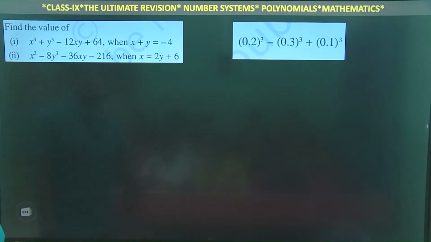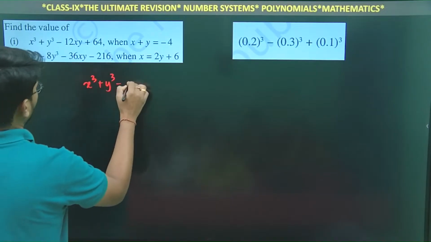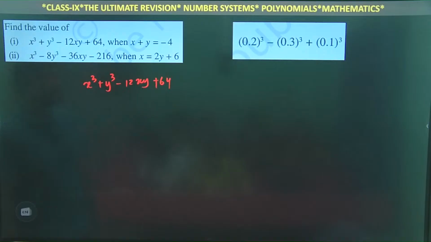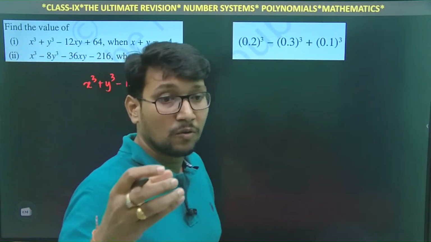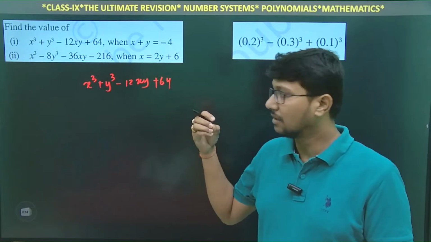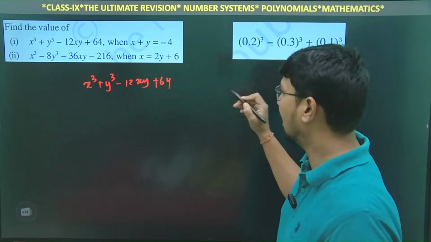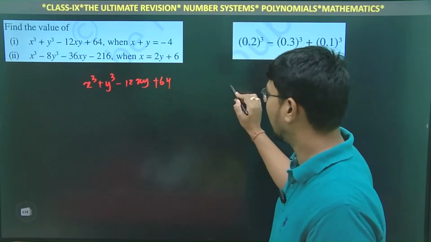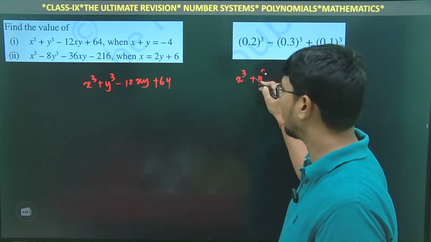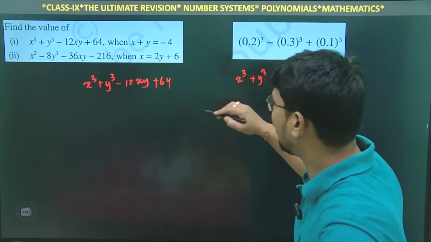So x cube plus y cube minus 12xy plus 64. Who can say which identity this is coming from? Now check whether it is correct. x cube plus y cube are perfect cubes. Is 64 a perfect cube?